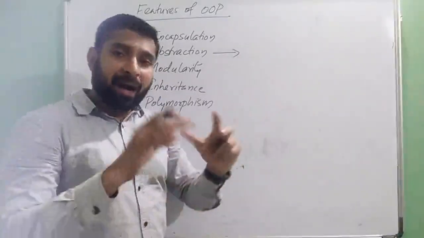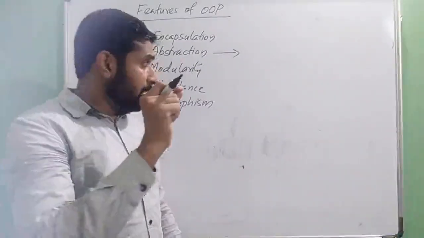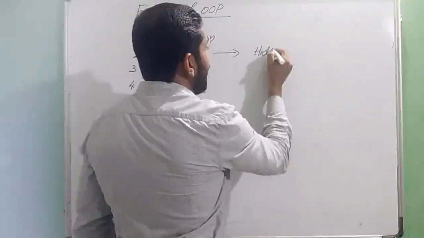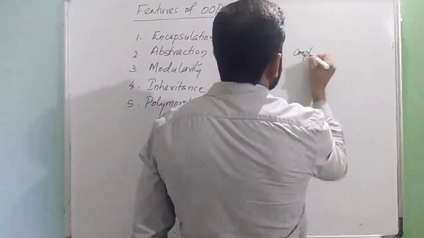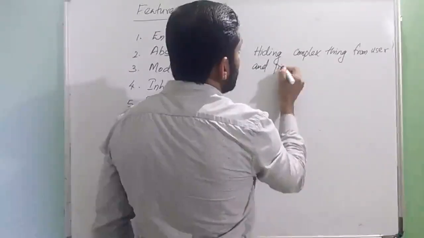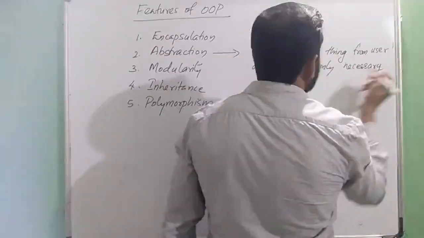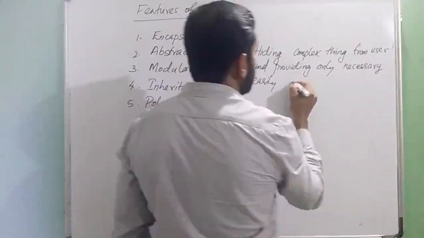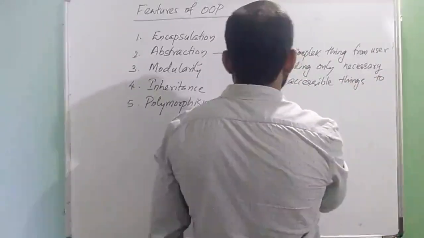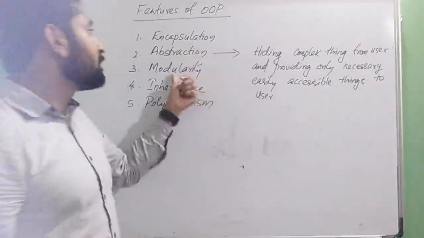Abstraction means hiding the complex things from the user and providing only necessary, easily accessible things to the user. This is called abstraction.